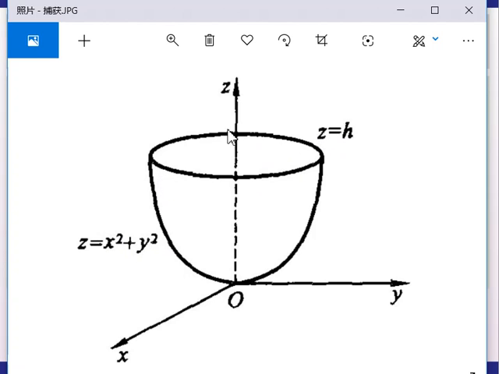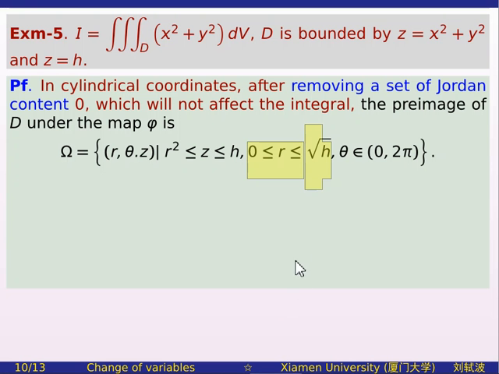Then the boundary circle is precisely x squared plus y squared equal to h. Then projecting this into the xy plane, you will get a circle of radius square root of h. This is the range of our r, because x squared plus y squared is r squared. So this geometrical consideration determined the range of r, theta, and z in the corresponding cylindrical coordinate space omega.